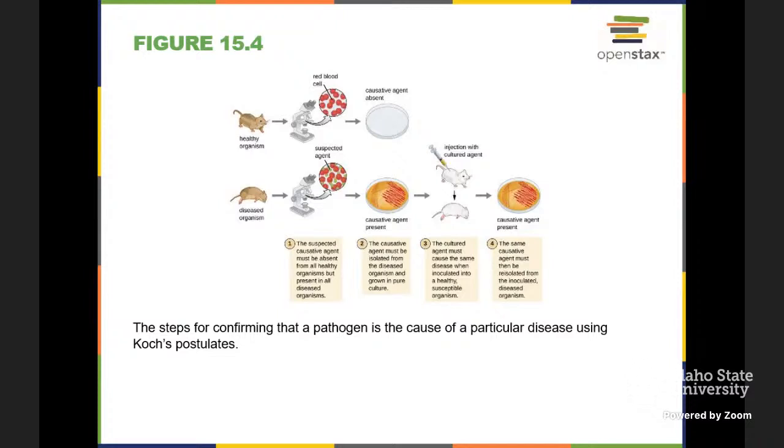So we left off last time with Koch's postulates and went through this. I know we had talked of it before. I'm not going to go over it all again, but definitely this idea of testing specific things to see if they truly are the culprit for the respective disease has been utilized for all sorts of infectious disease.